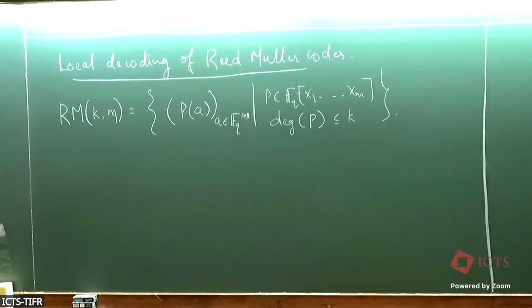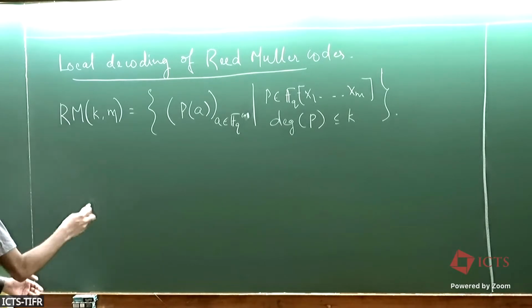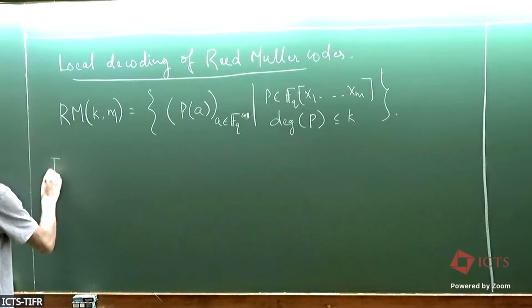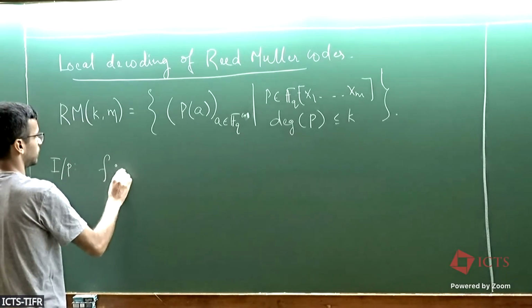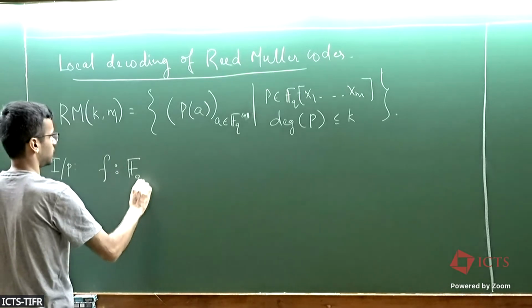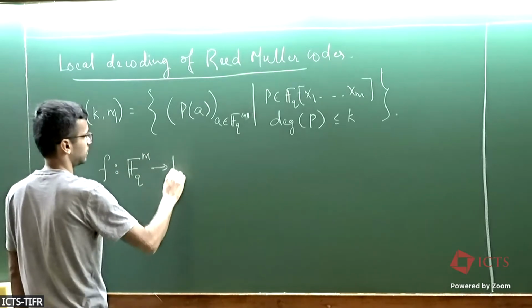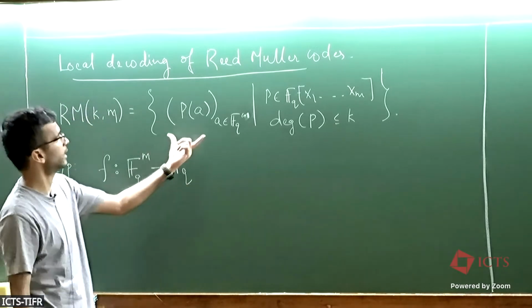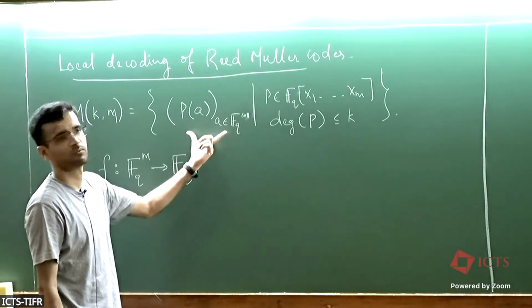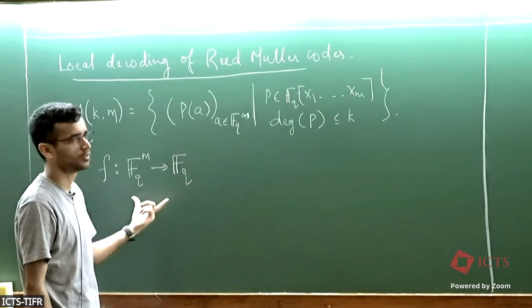So given that Reed-Muller codes are defined this way, the local decoding problem here, the input is going to be as follows. So our input is going to be a function f from F_q to the m to F_q. Note that every code word in the Reed-Muller code is also a function from F_q to the m to F_q.